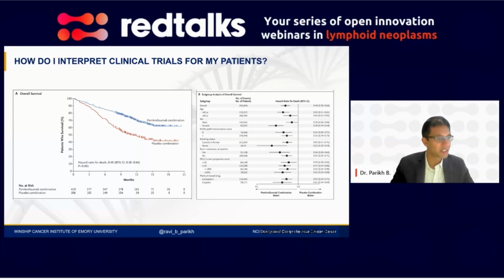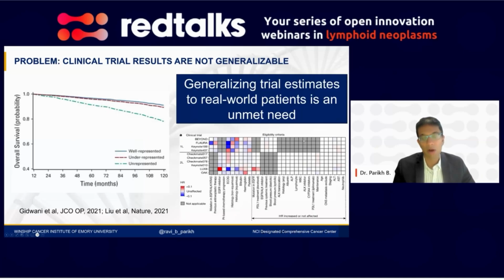And so it becomes really challenging for me to extrapolate from these forest plots to making a decision about whether I should treat my patient in front of me differently than what has been stipulated in the clinical trial. And I think that is what motivates some of these more advanced methods to try to develop better estimates of generalizability. Now, why is trial generalizability even a problem?